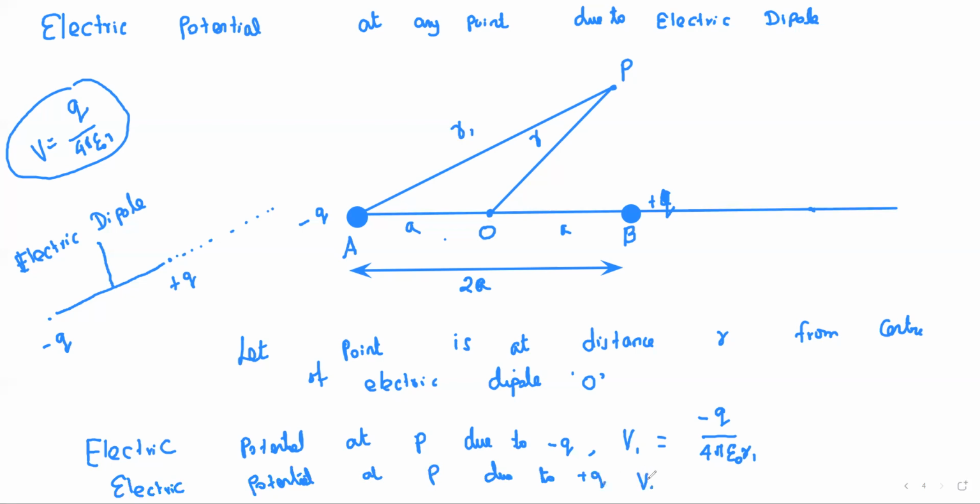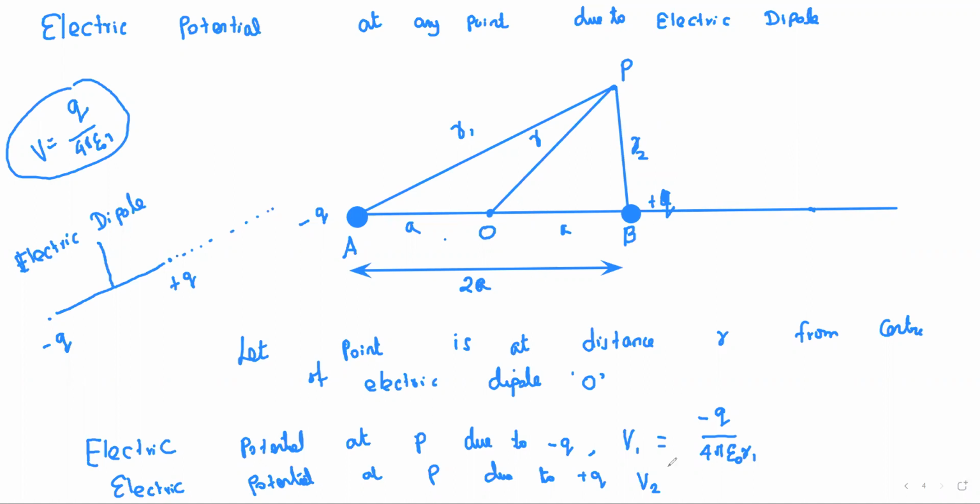Let it be V2. So for plus q, I should take the distance from point P to capital P. Okay, so this is the distance. Now this distance I can write as R2.